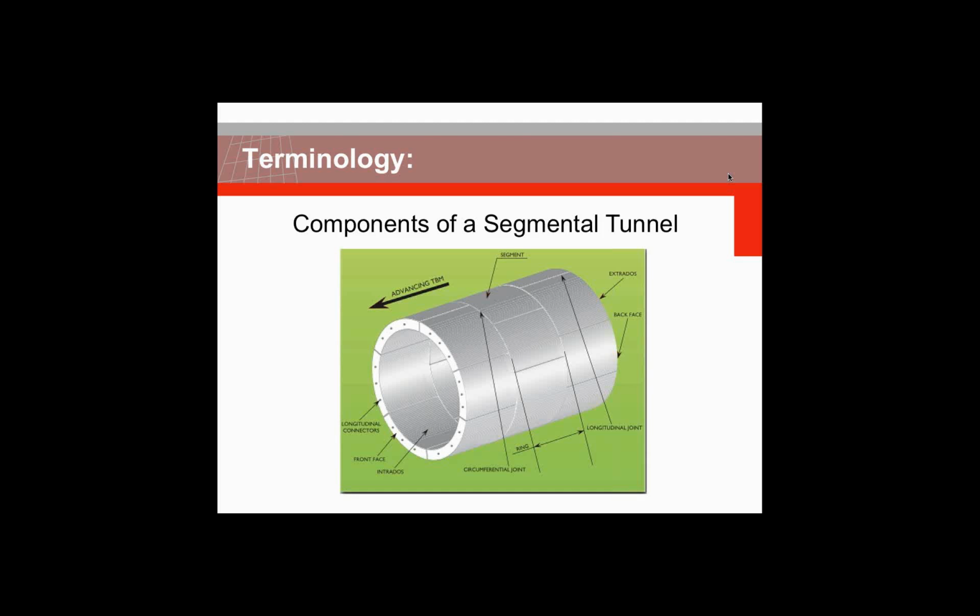Segmental lining system is comprised of these aspects, and you can see circumferential joints. They're connected using bolts and dowels as equipment. Each ring itself is comprised of several segments connected through the longitudinal joints by bolts. The outer surface of the lining in contact with the ground is called extrados. The inside surface is called intrados.